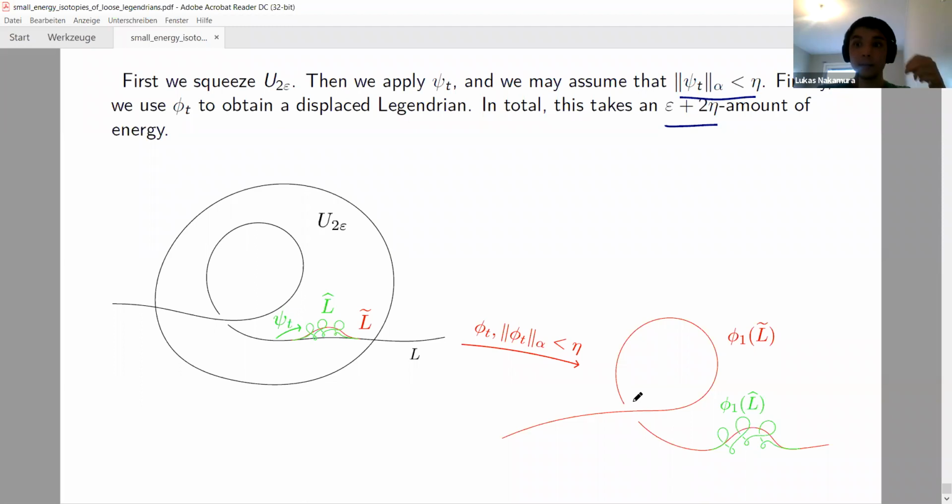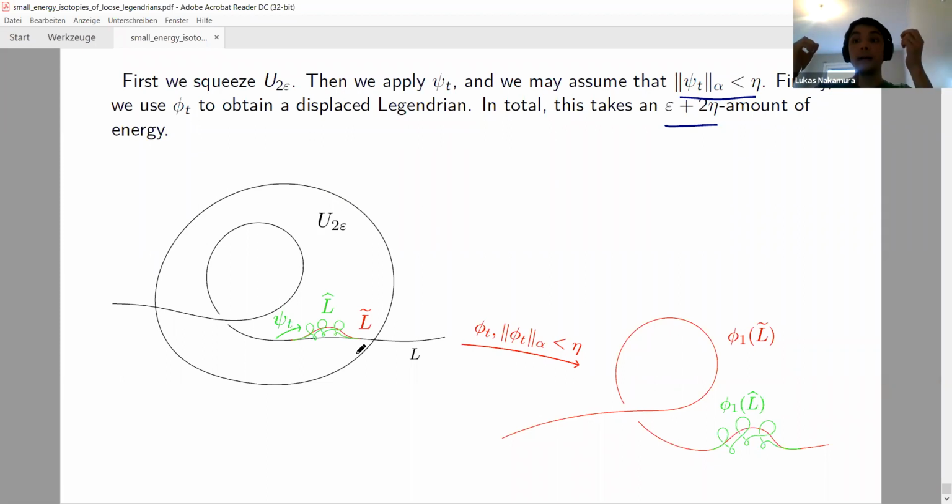to connect everything up by contact isotopies which are supported in these two balls of height 2 epsilon. And by doing the exact same thing on both sides, we can conclude that we can find an isotopy between the two Legendrians which has energy epsilon 1 plus epsilon 2 plus some eta, where eta can be chosen arbitrarily small.